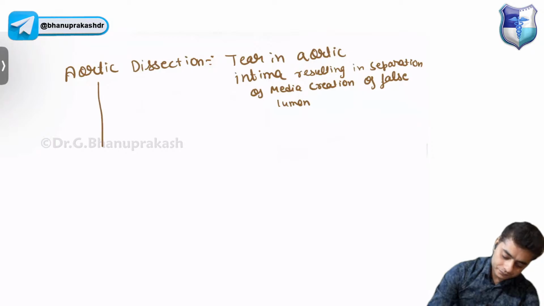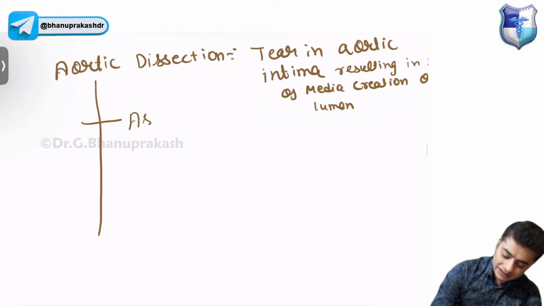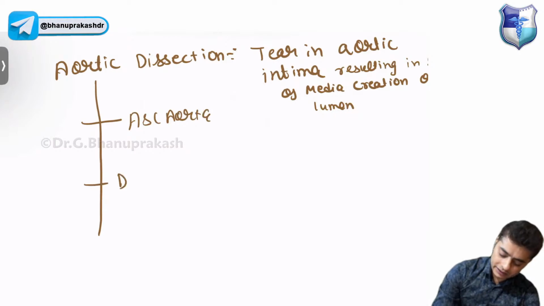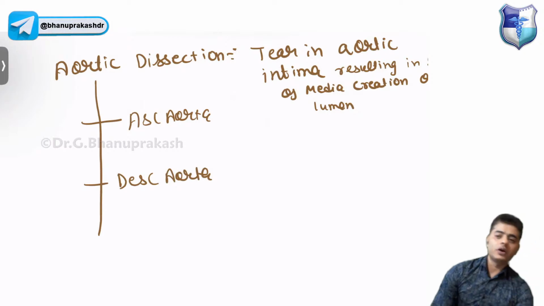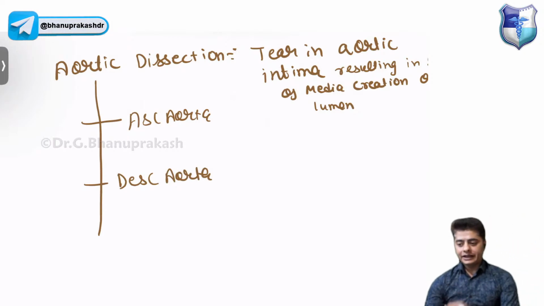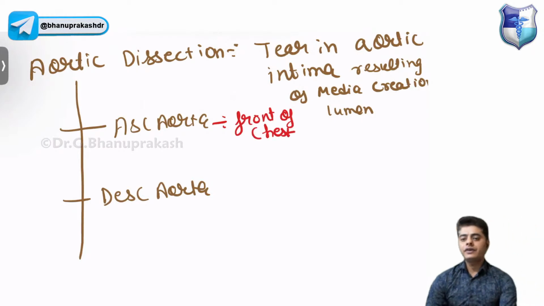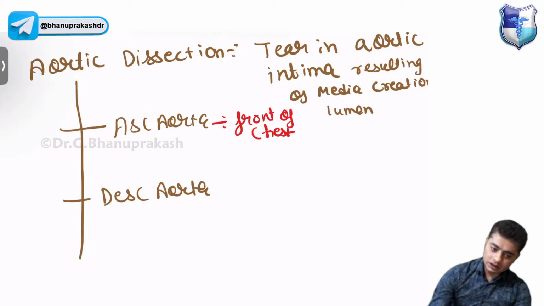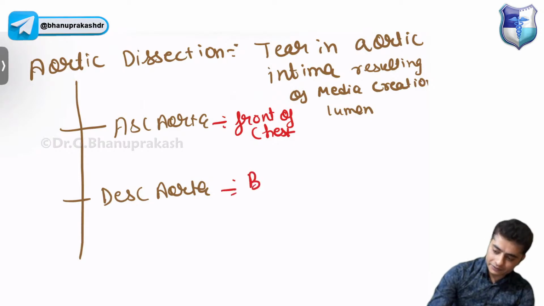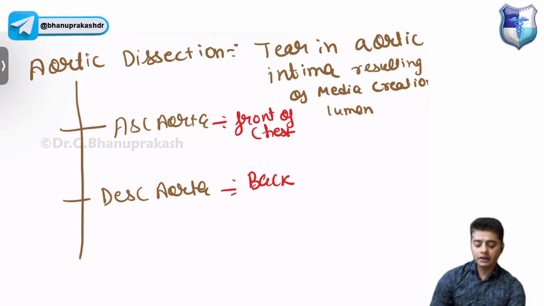Now, aortic dissection can involve the ascending aorta or the descending aorta. If it involves the ascending aorta, then pain radiates to the front of the chest. And if it involves the descending aorta, then pain radiates to the back.